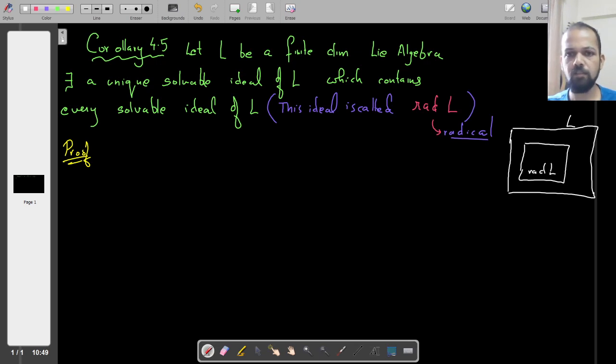So this is kind of the largest solvable ideal inside L. Rad L could be the whole of L, that is if L is solvable, or it could even be only 0, in which case we will call the algebra semisimple. We'll see that afterwards.